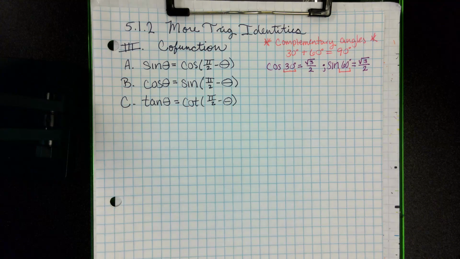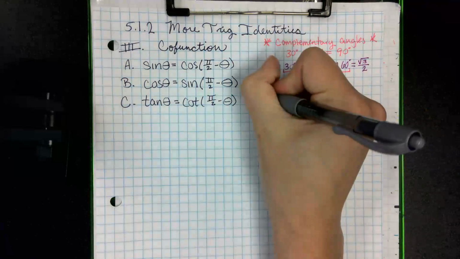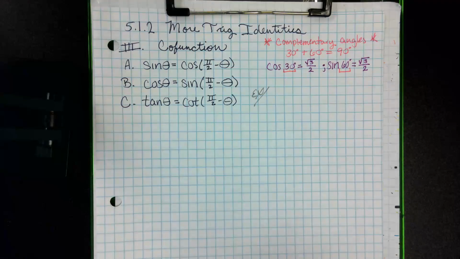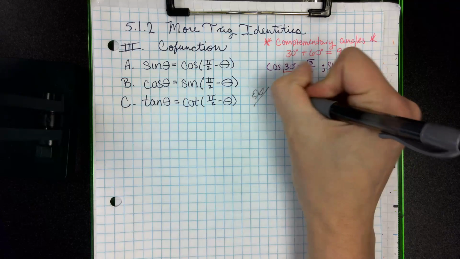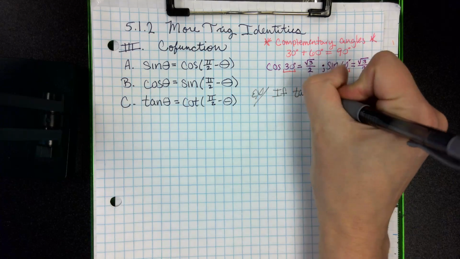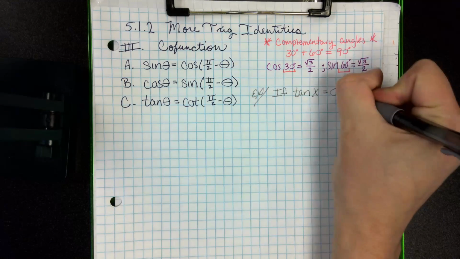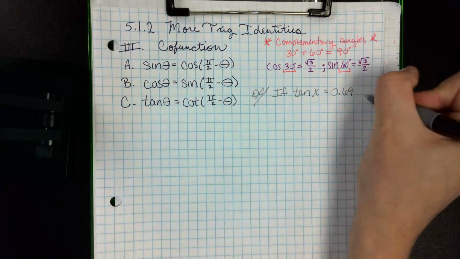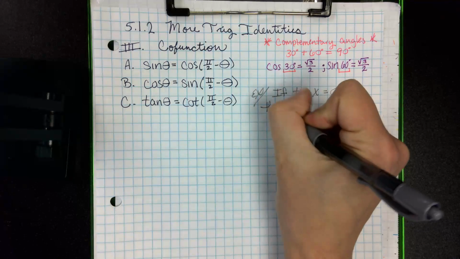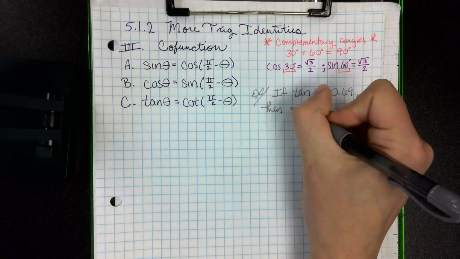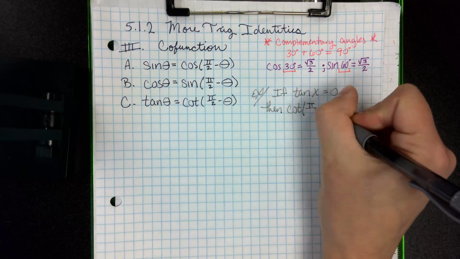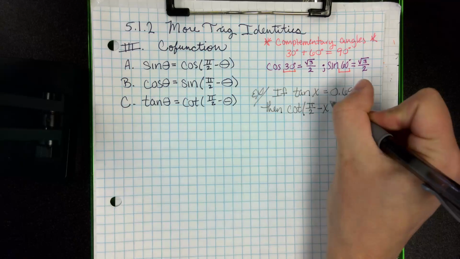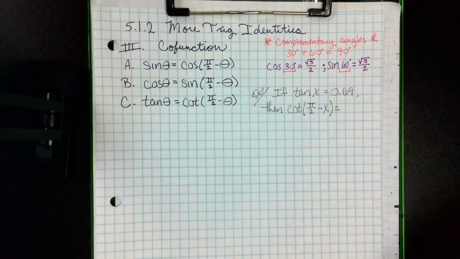So an example of a problem like this. Example: if tangent x equals 0.69, then cotangent of pi over 2 minus x equals what?